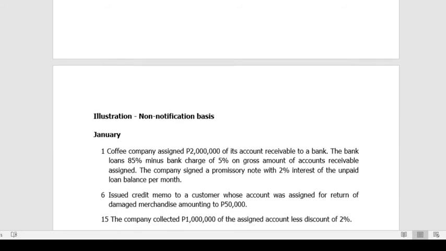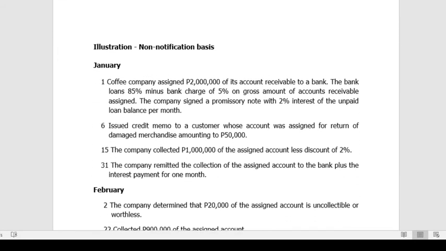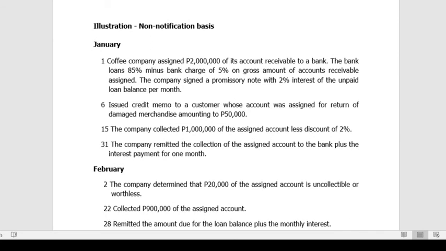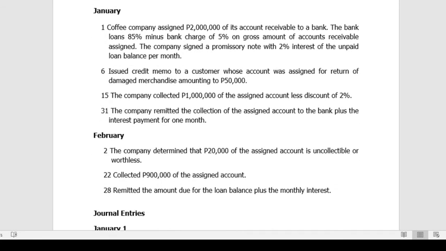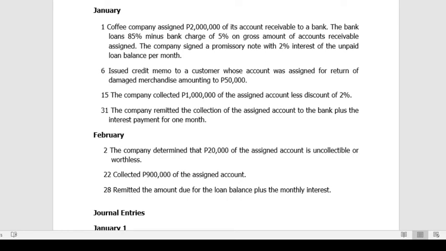So, what if naman, non-notification basis? So, same scenario, let us just illustrate. Under the non-notification basis, ang pagbabayad ay sa entity pa rin. Kasi, hindi naman aware ang mga accounts receivable holders na sila ay magbabayad sa na-assign na ang kanilang accounts receivable.